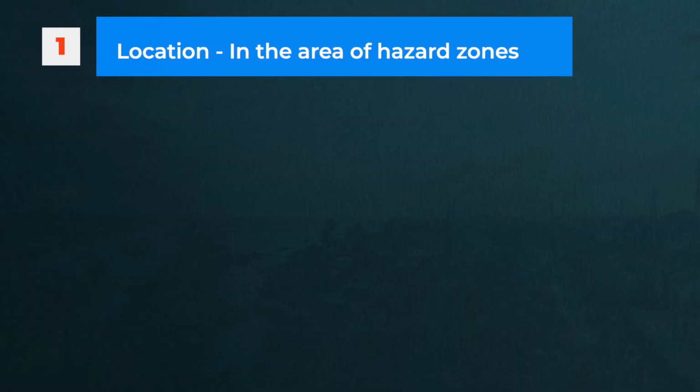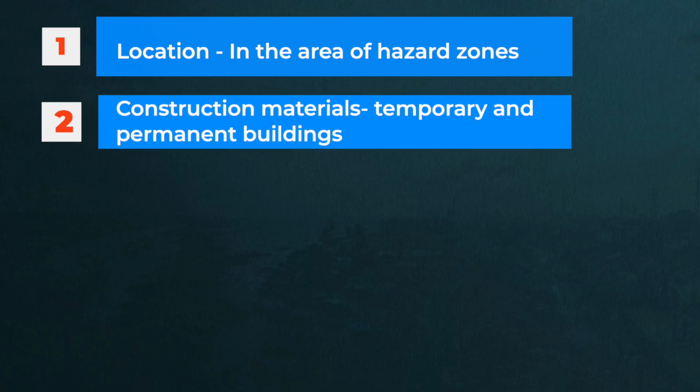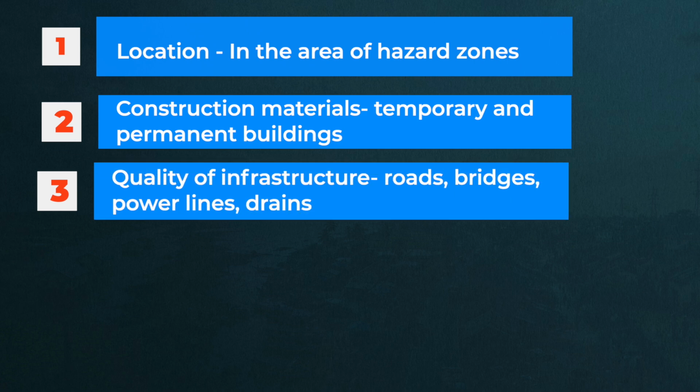Now, let me explain to you the determinants of physical vulnerability. Students, physical vulnerability is determined by such factors. The first is location in the area of a hazard zone. Second is construction material, temporary and permanent buildings. The third is quality of infrastructure such as roads, bridges, power lines and drains.